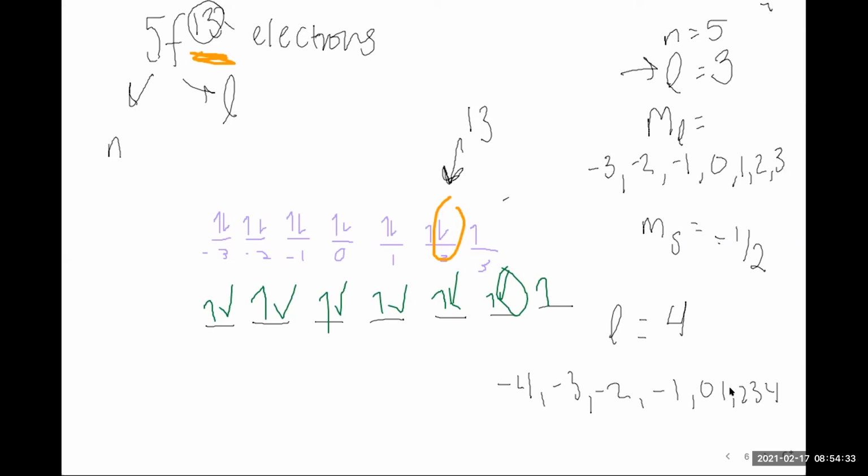If it's facing down, it's negative 1/2. I don't know why it's 1/2, but the only thing that you guys should know is facing up, it's positive. Facing down, it's going to be negative. So that's why you want to make sure that you follow Hund's rule and fill this out accordingly, because if you don't, your spin is going to be off.